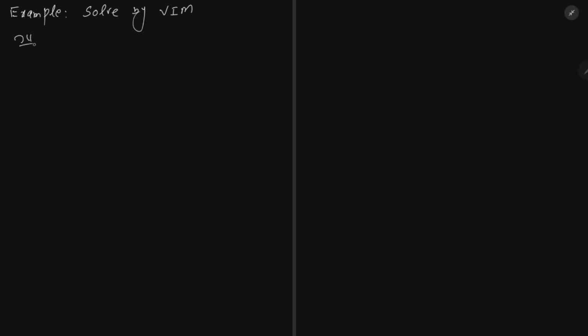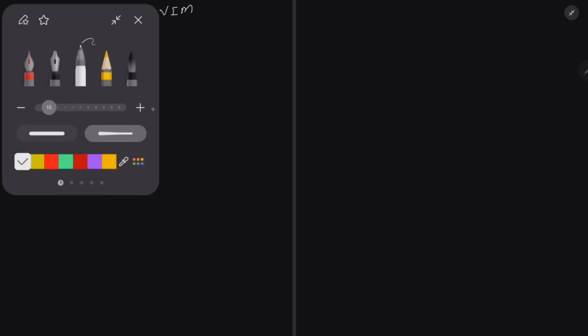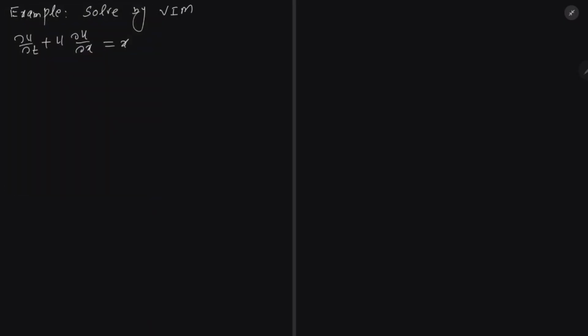We have partial u by partial t plus u times partial u by partial x is equal to x. So this is our equation number 1. We also have the initial condition u(x,0) equal to 2. This is our equation number 2.